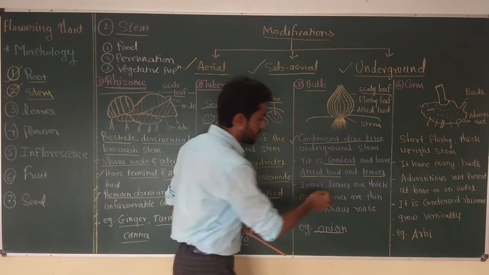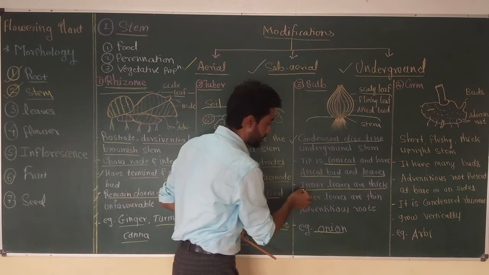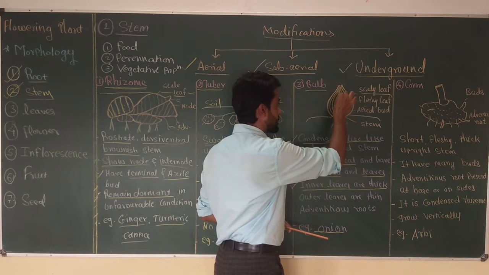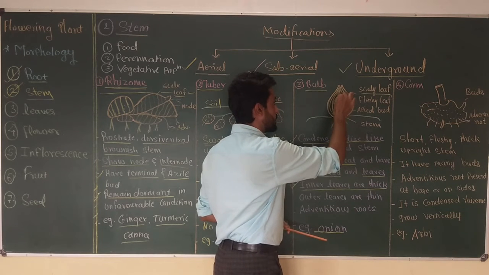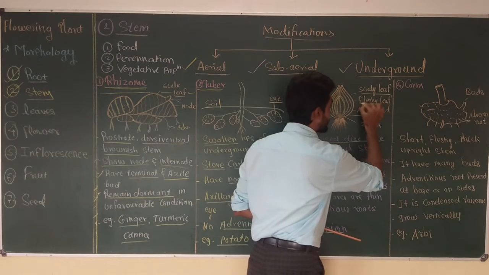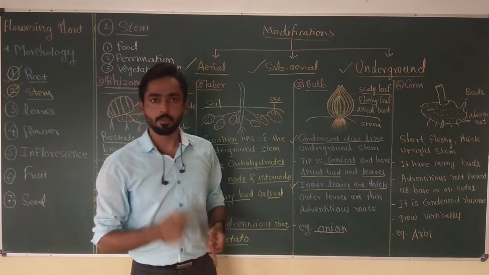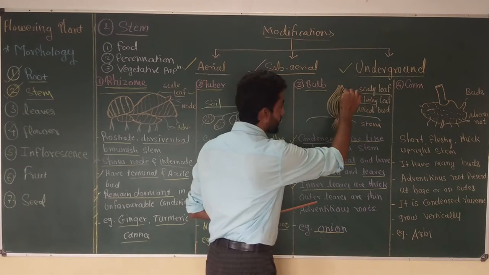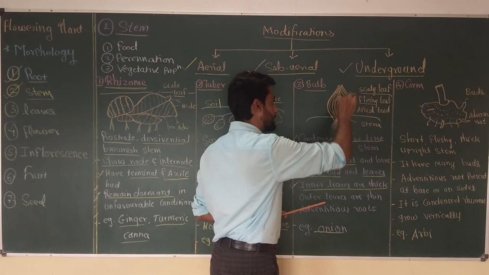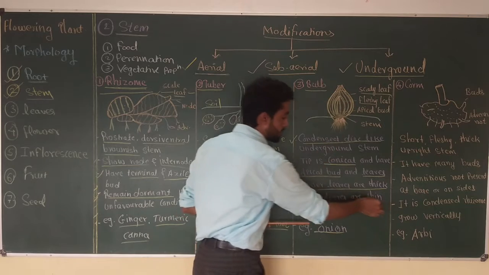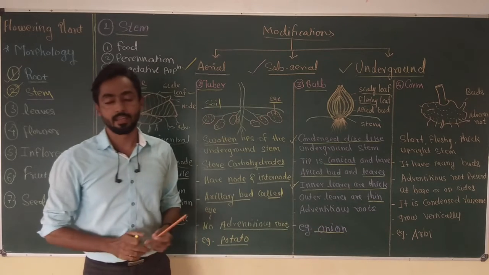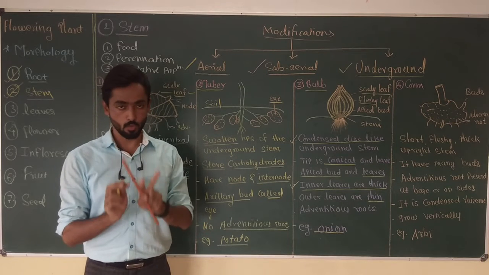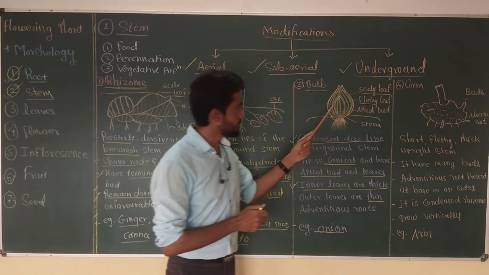The inner leaves are thick. That means if you observe the inner scaly leaves in this region of the onion, they are fleshy and thick because they store food material. While the outer scaly leaves, present in the outer region, are thin and dry because they perform only the function of protection. So there are two types of scaly leaves present on this type of stem.